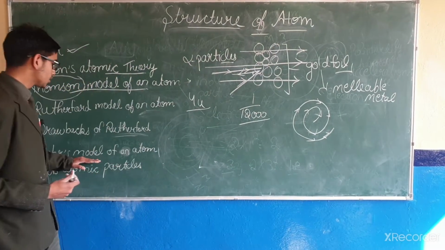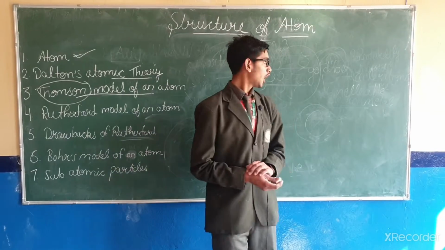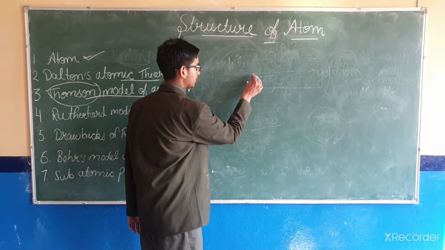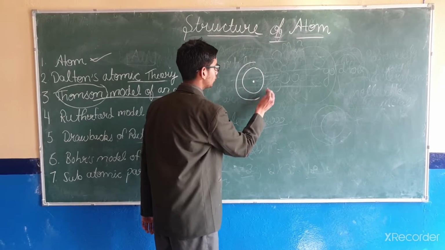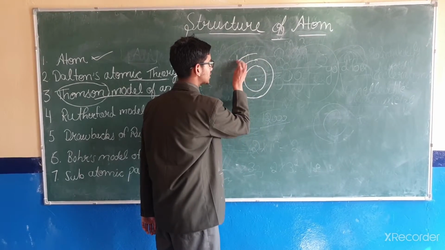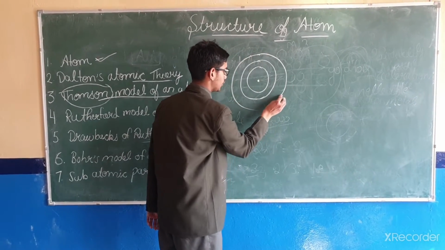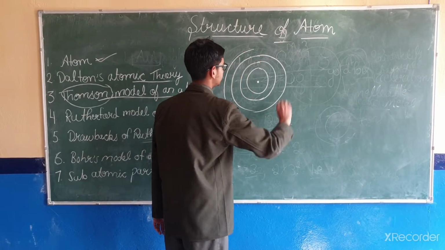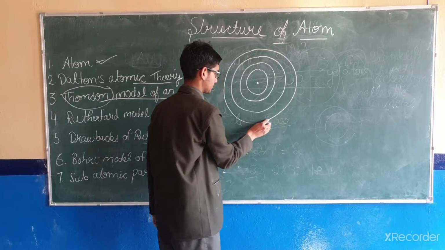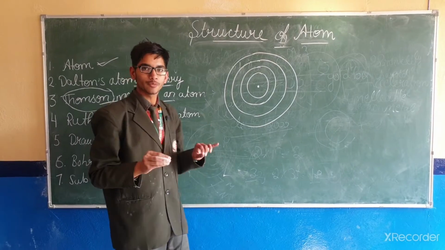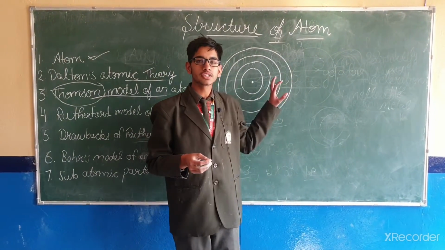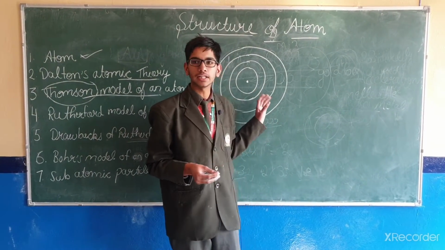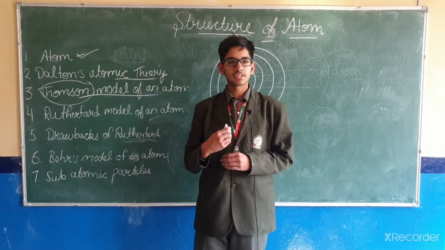Now, next one is Bohr model of an atom. According to Bohr model of an atom, electrons revolve around the nucleus in fixed paths, known as discrete orbits or shells.